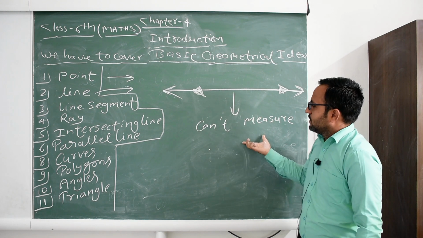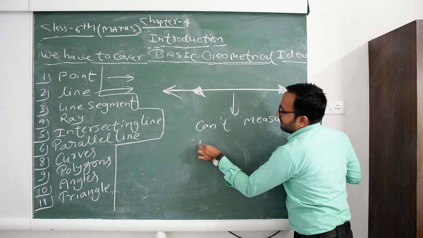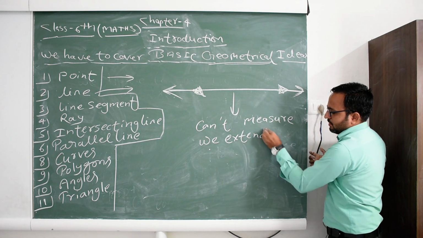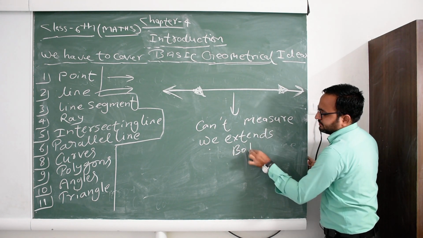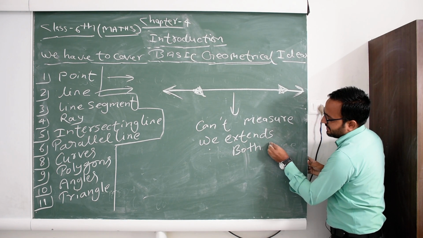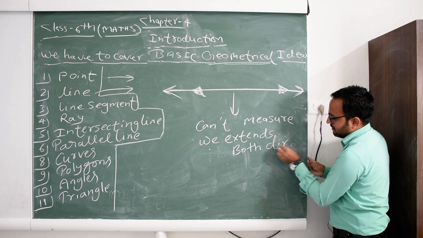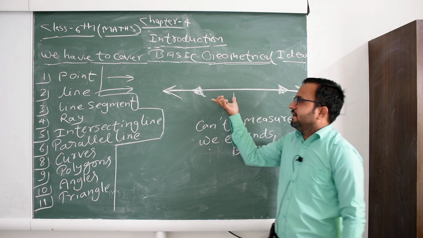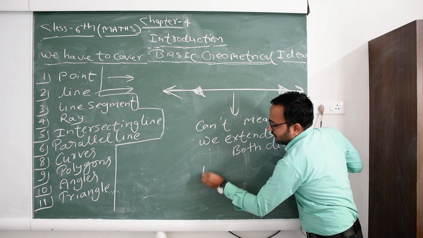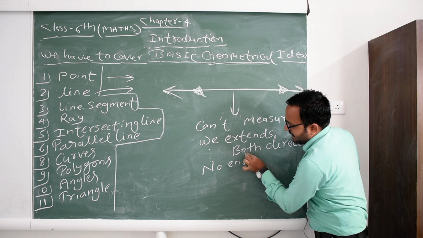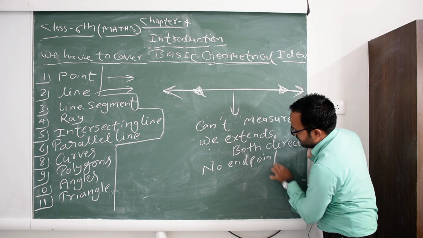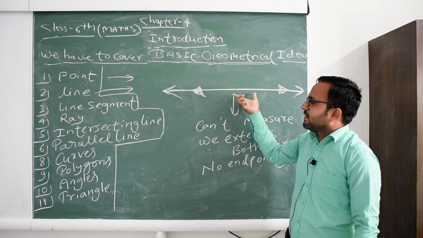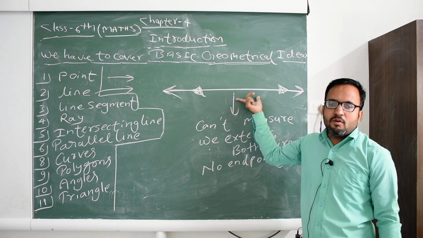We extend it in both directions, and it has no end point. A line has no end point, because a line has no measurement.